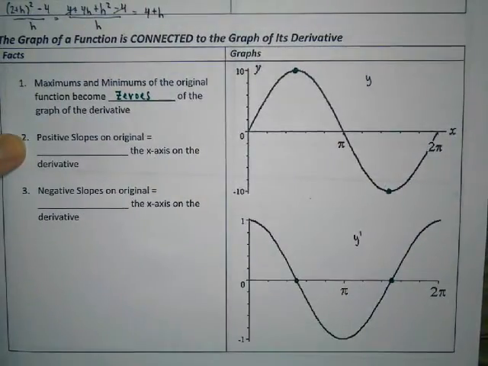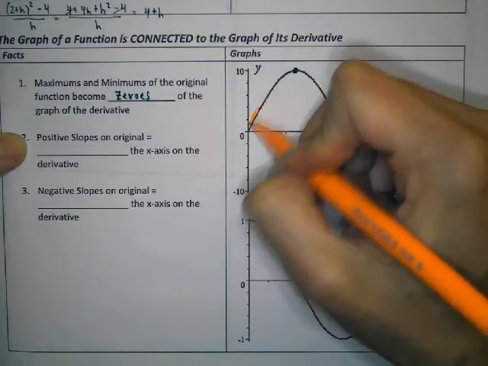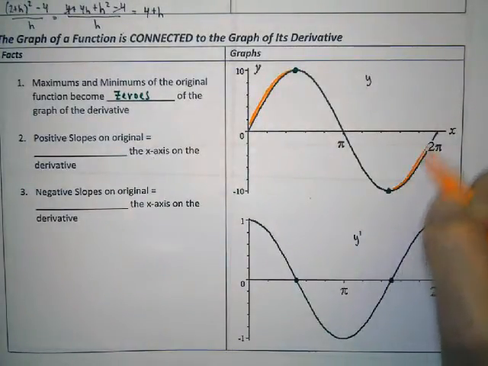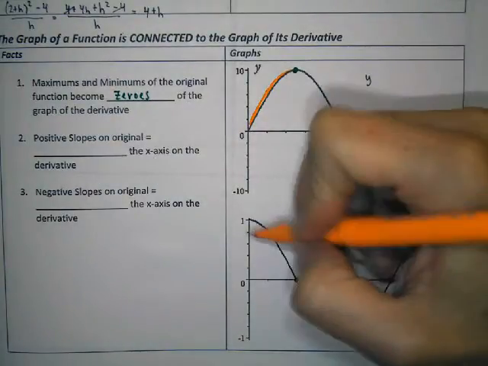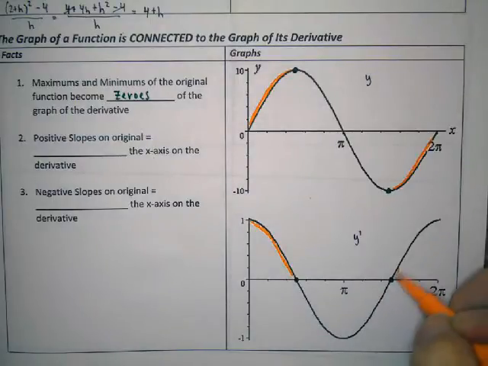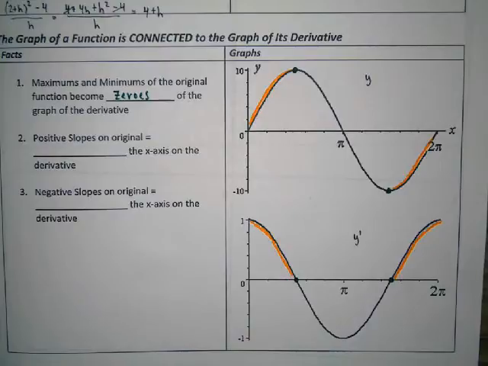Now, if I look on my original function y, wherever I have a positive slope, so over this interval and this interval, we notice that my derivative over those same intervals is above the x-axis.